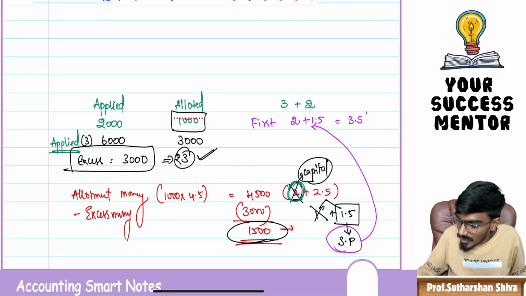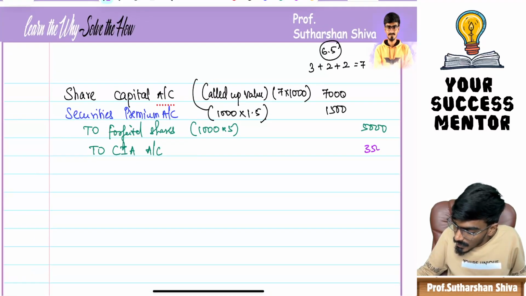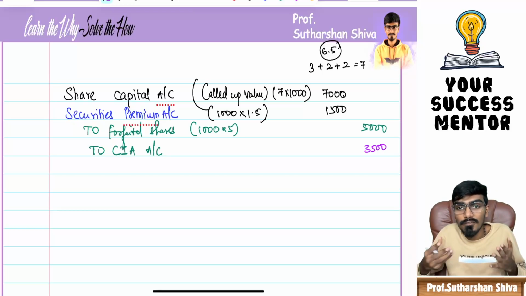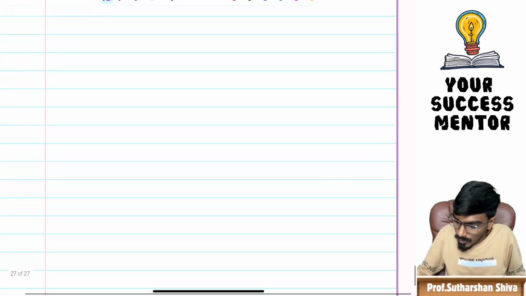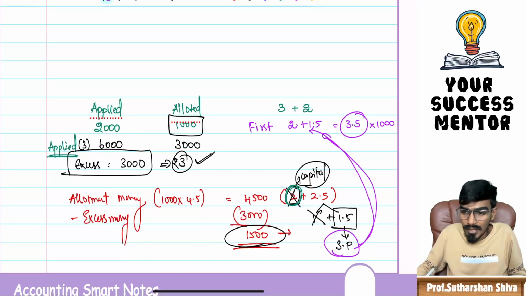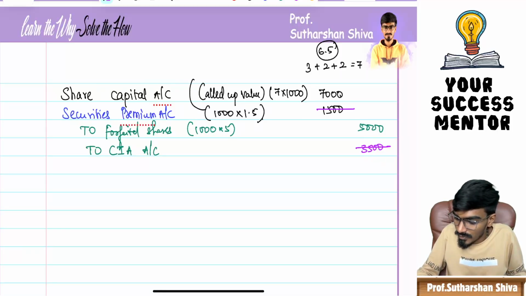So 3.5 is unpaid. So 3.5 into 1000, you will get 3500. Then only it will balance, right? 8,500 on one side, and on the opposite side, if you just write 6,500 or something, it will not balance. The most important crucial point here is adding back the securities premium. Then only the debit 1500 securities premium and credit 1500 securities premium will get cancelled off.